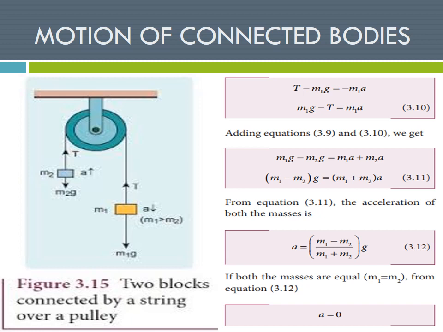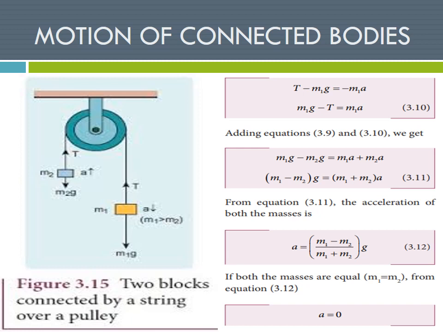Further, for mass m1 we will get this equation, T minus m1g equal to minus m1a, that is the second law. So, m1g minus T equal to m1a. So, now adding both the equations, we will calculate the acceleration. So, the acceleration value is (m1 minus m2) by (m1 plus m2) into g.